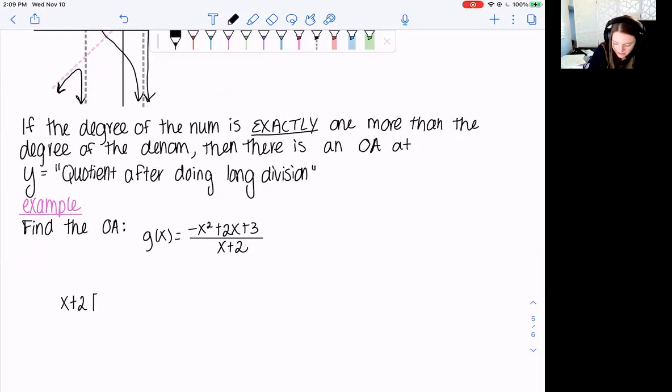x plus 2 is my divisor. My dividend is negative x squared plus 2x plus 3. So I'm taking that leading term of the dividend, and I am dividing it. This pencil is slightly thicker because I changed it to do graphing and I don't feel like changing it back. This is negative x.